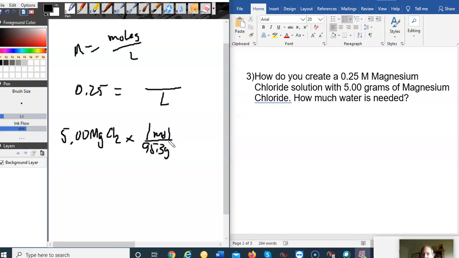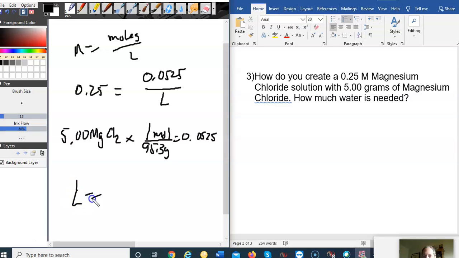So you do this to find out how many moles are in that 5 grams. So 0.0525, rounded up. That's what goes right here. All right, does that make sense? Yep.